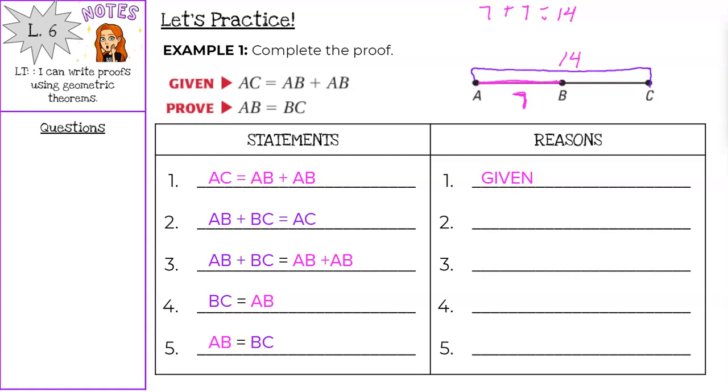We also know that because these are collinear points, B is in the middle of A and C, this length AC is going to be equal to AB plus BC, which means that BC should also end up being 7, which then would be that AB equals BC.